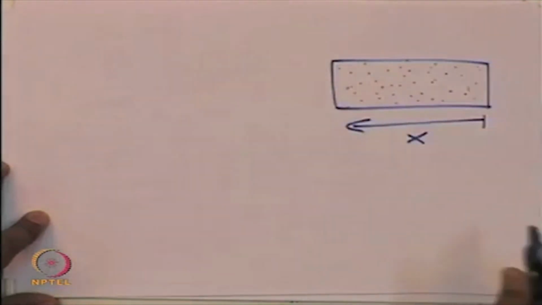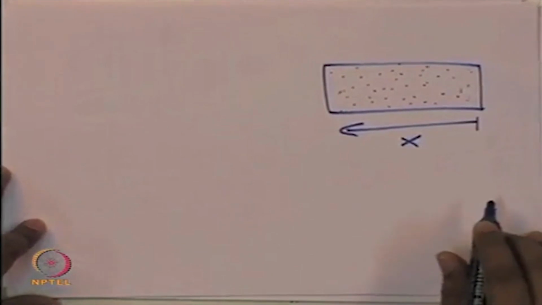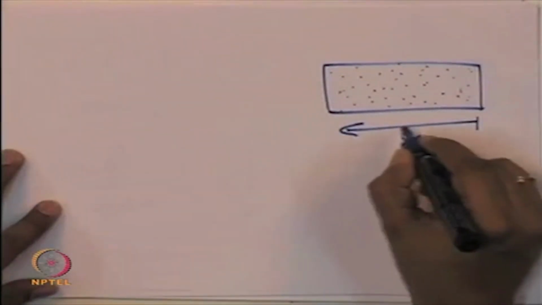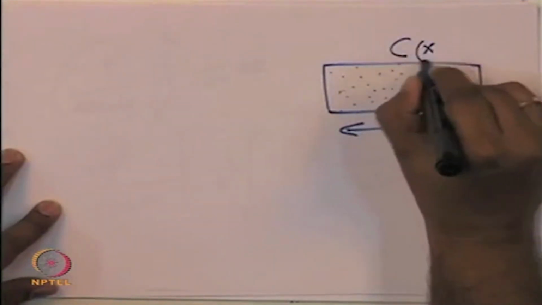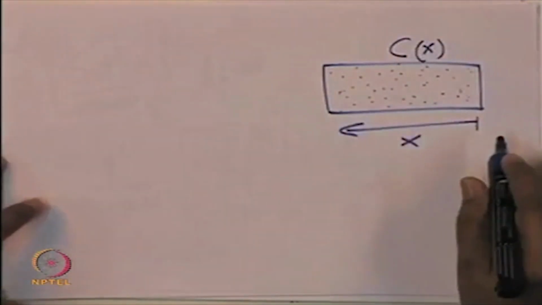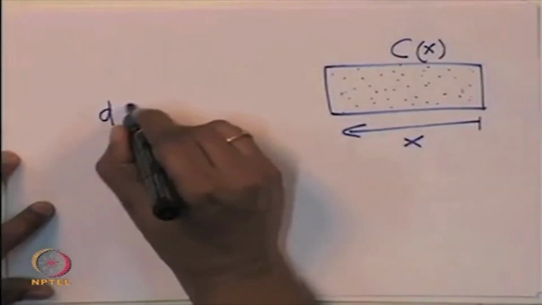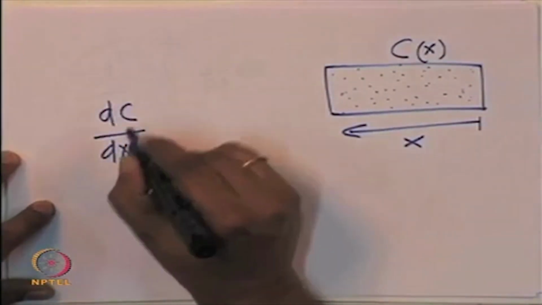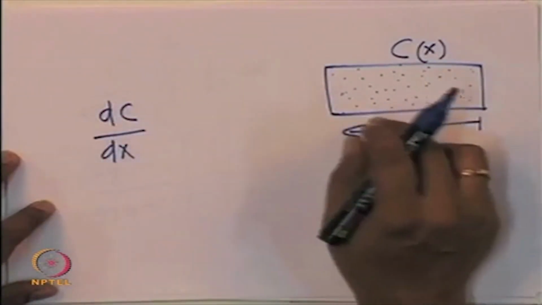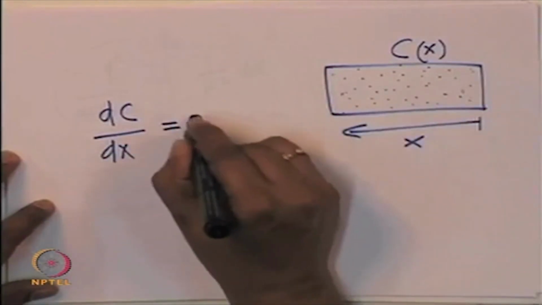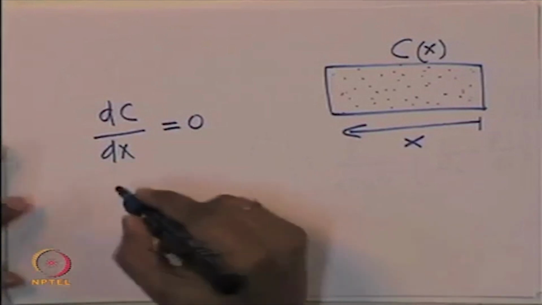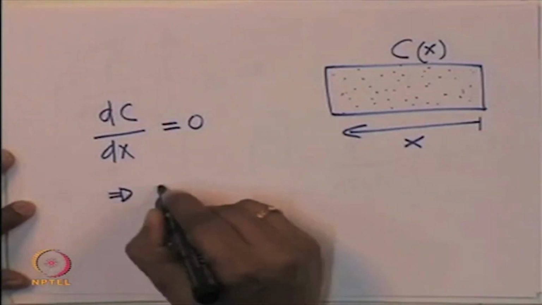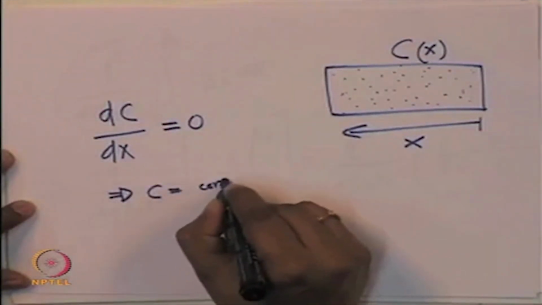In that case, what you want to say is that the concentration does not change with x. If c as a function of x does not change, that means dc by dx, the change in c when you change x, is 0. That means the concentration does not change.